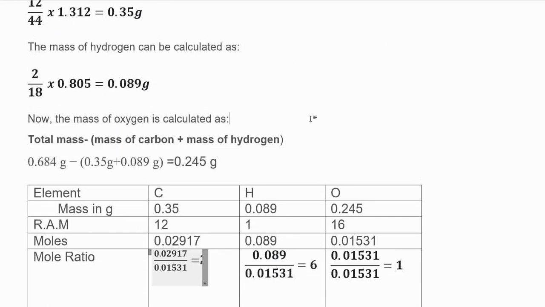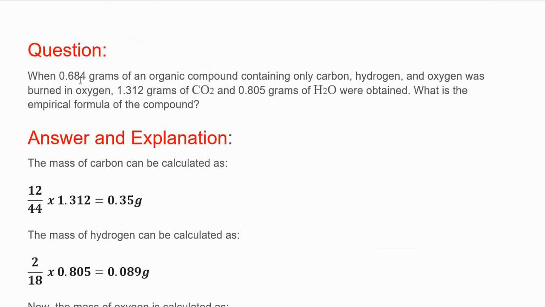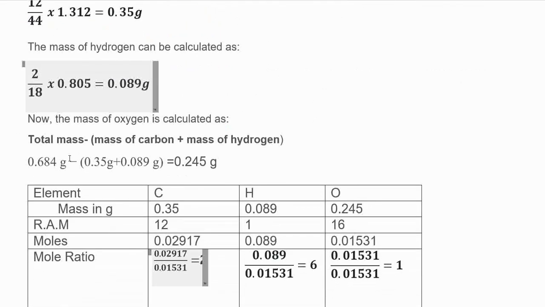Remember, this was the original mass, 0.684. Subtract this one, and you get 0.245 grams, and that is the mass of oxygen.